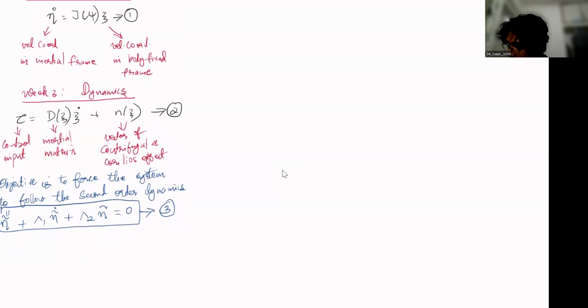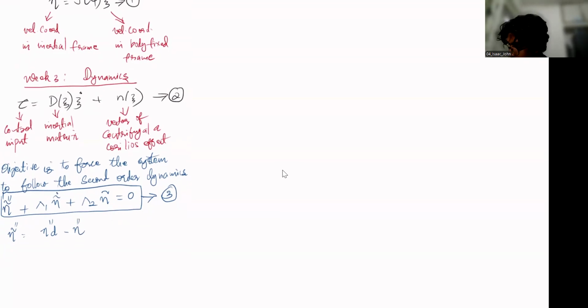So I'll substitute eta tilde double dot as the difference between the desired acceleration and the true acceleration, eta double dot.